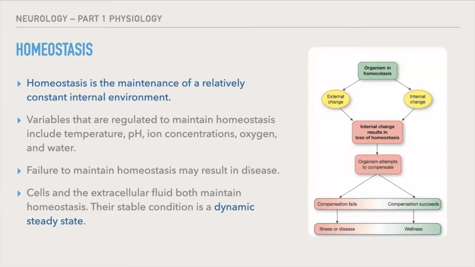And if you look at the picture, we can divide disease into general groups according to their origin. Those in which the problem arises from internal failure, and those that originate from an outside source.